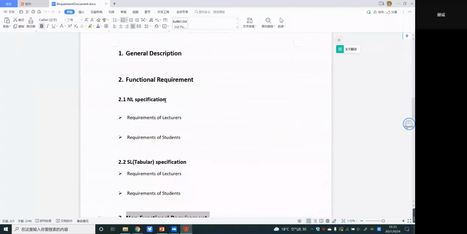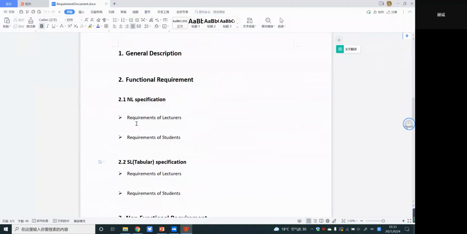In today's class, I will give you some example about how to write the NL. That means the natural language specification, and also give you some example about structured language specification.